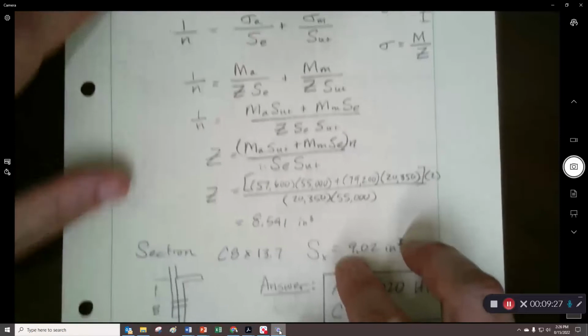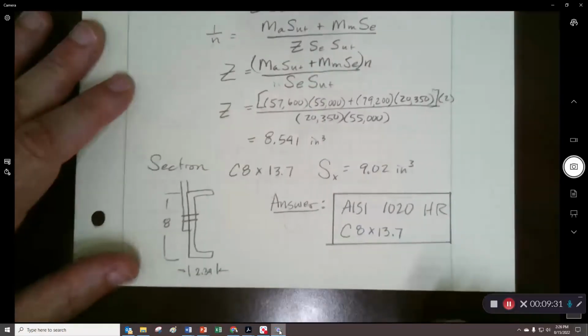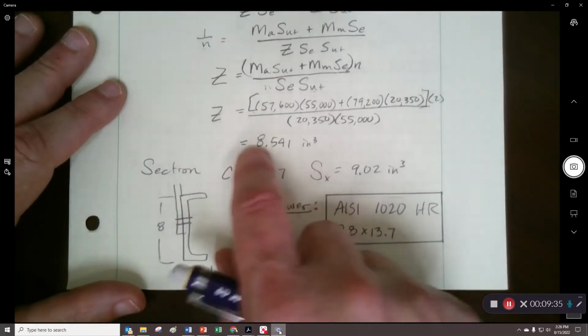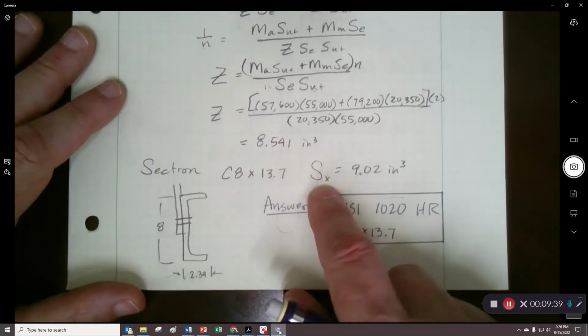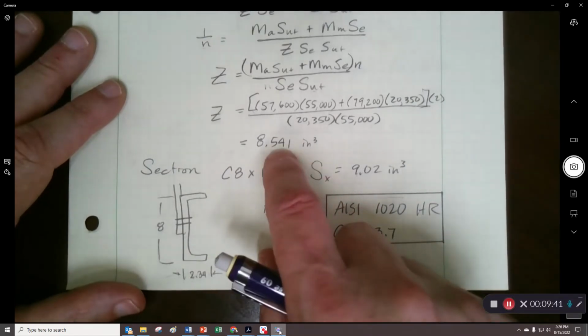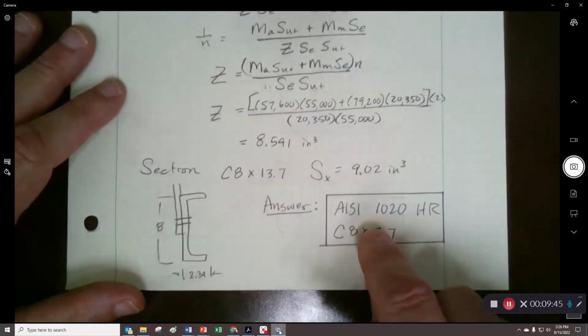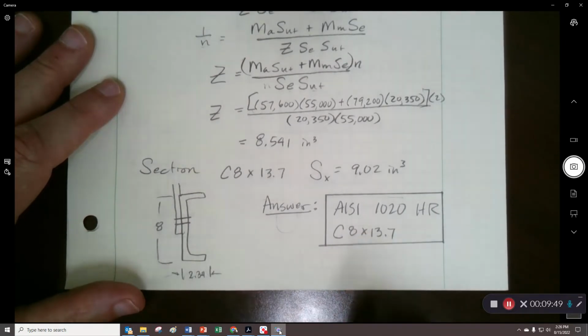Going through some of the calculations, I should maybe even write down what equation I used right here. That would have been a good thing to do. I find a section shape that's going to work. I designate what it is and what its section modulus is, that it's larger than the minimum required here. And I have my material and the section.